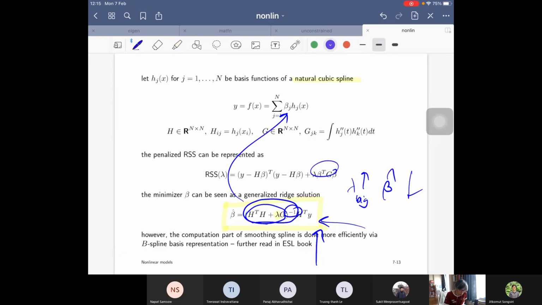From this smoothing spline approach, it has the role of lambda and G, a term where you penalize the second derivative. It is introduced in here. If you solve the natural cubic spline by the conventional approach, it would be just this, just like the least square solution. So they are not the same.